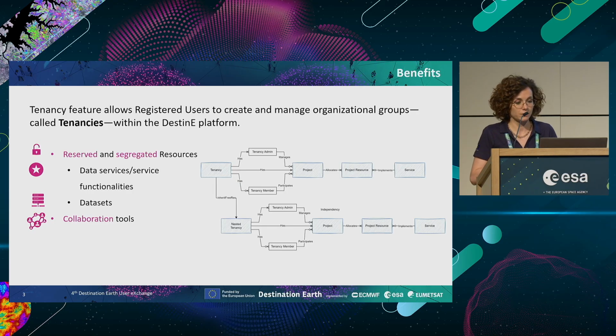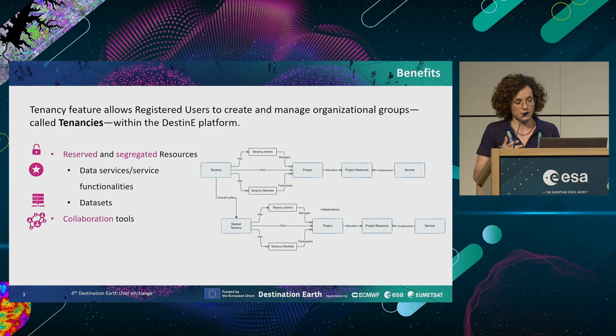With the introduction of tenancy, registered users will be able to create and manage these organizational groups, called tenancies, so groups of users. As you can see from the diagram on the right, tenancies are hosting projects and resources are allocated to projects. This is the granularity that we would like to have in this scenario.